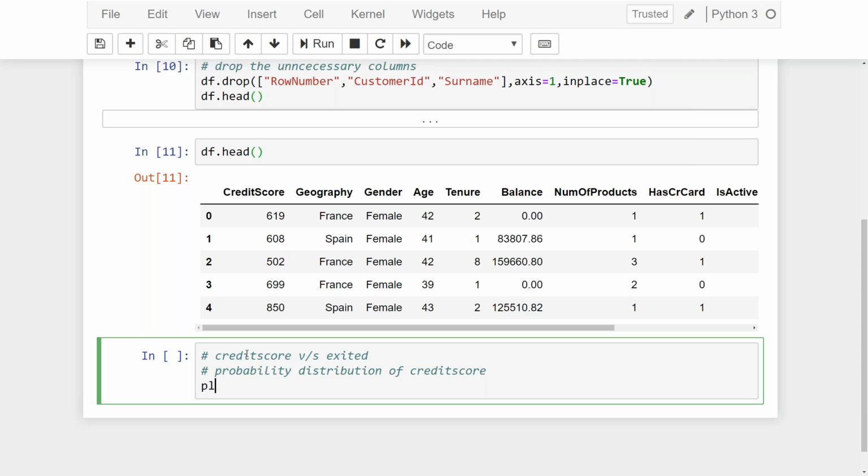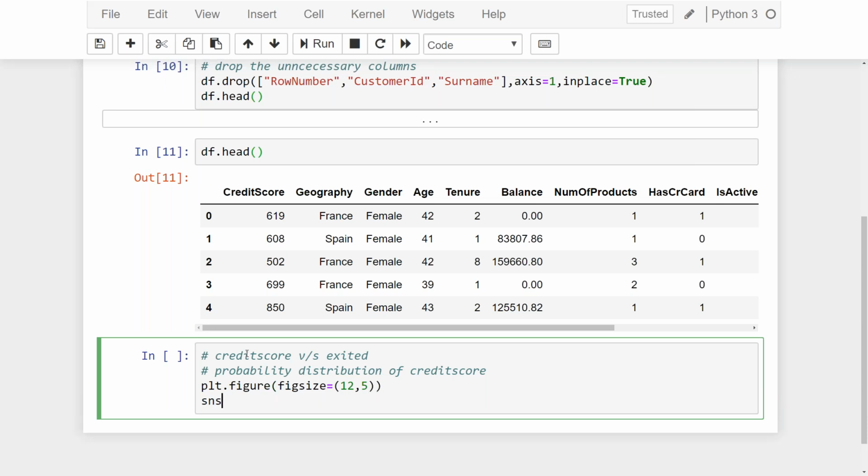All right, so plt.figure, let's say figsize is 12 by 5. 12 is the width and 5 is the height of the graph you want to draw. sns.distplot. We'll draw the probability distribution of those customers who left the bank first. df.credit score, and we'll write a condition that df.exited is equal to 1.